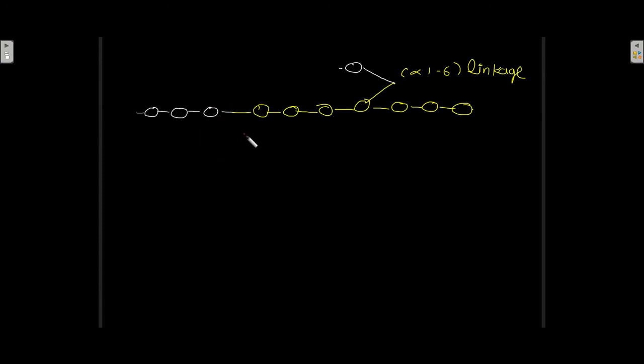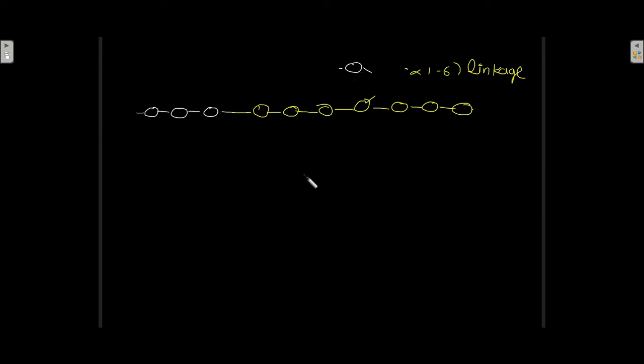After that, the glucosidase activity of the debranching enzyme will release this glucose as well. So this is also released, and this will be released as glucose, not glucose 1-phosphate.